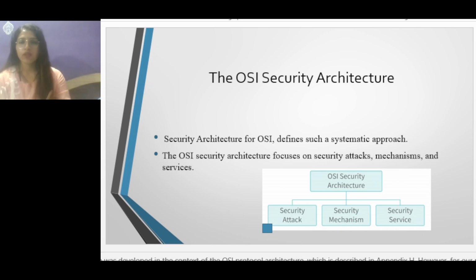It provides you with a systematic approach, and this OSI security architecture is basically about the security attack, the security mechanism, and the security service. The benefit of providing this security architecture is to organize the task and to meet the international standards. So one by one we'll study what is the security attack and what is the security mechanism.